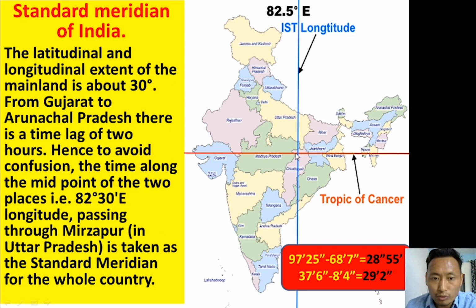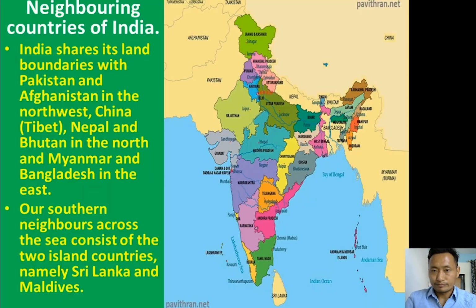In an exam, if they ask which is the standard meridian of India, or the standard longitude of India, it is 82 degree 5 minute east. That line of longitude passes through Mirzapur in Uttar Pradesh. Based on that longitude, the local time of India has been set.